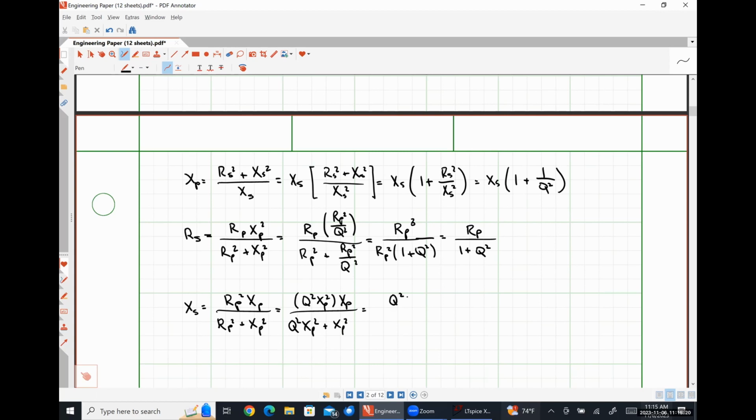So that's Q squared Xp cubed over Xp squared times 1 plus Q squared. Xp cubed over Xp squared gives me Xp. Q squared over 1 plus Q squared is the same thing as 1 over 1 plus 1 over Q squared, and we have the exact form that we would expect based on our prior results.